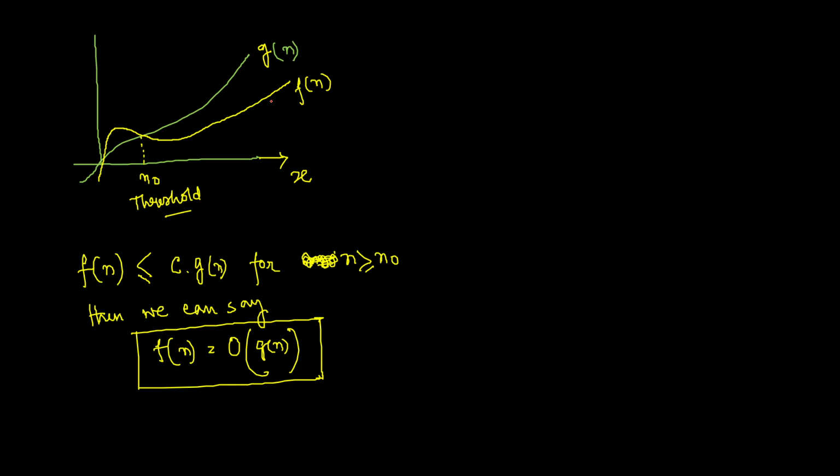That means we are trying to specify the maximum behavior of my program with respect to a particular class of function, and that is represented by this Gn.